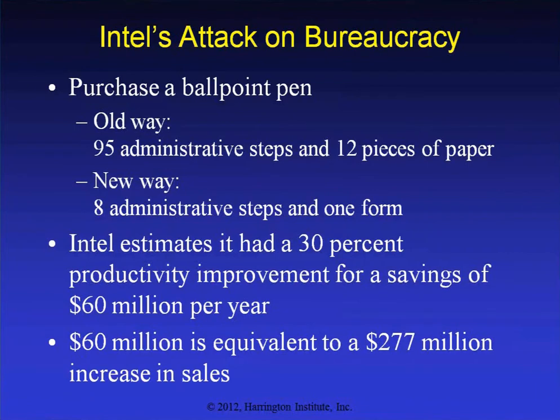There was one purchase procedure you went through. Intel estimated that it saved 30% productivity improvement, which related to $60 million a year by focusing on productivity, bureaucracy elimination. To get $60 million equivalent profit, they had to increase sales by $277 million.